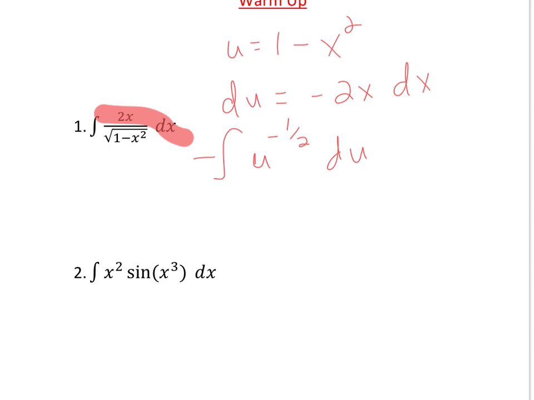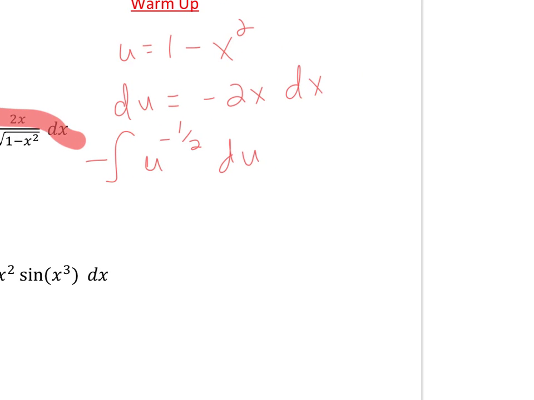So, we're going to do the antiderivative. That is going to mean that our u is now going to be to the positive 1/2, because we are going to add 1 to our exponent. We are going to get the reciprocal of that, and that is a positive 2. We have the negative that we had out there originally, and of course plus c.